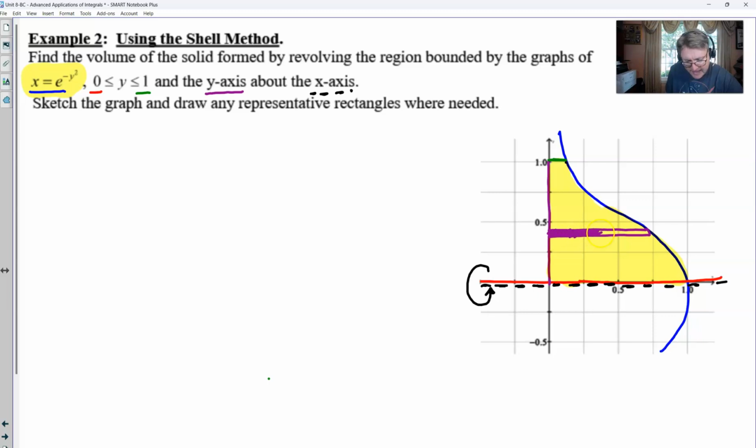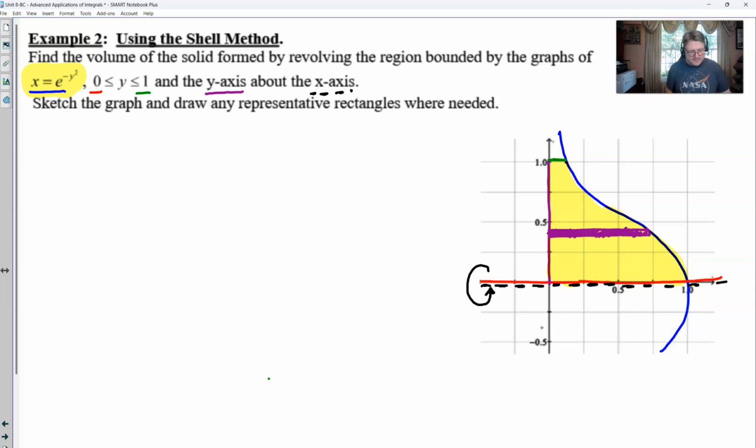And so that would be a horizontally drawn rectangle, as you see right down there. And so once that rectangle is spun around this axis of revolution, you have this hollow tube, so to speak. And in this hollow tube, you're going to stack more tubes inside of it, more tubes on the outside of it, and then all of a sudden we've got three-dimensional space that we can find the volume of.